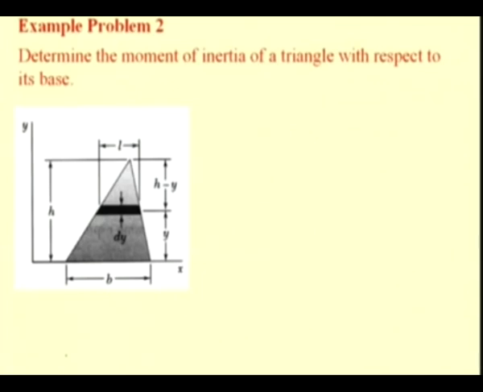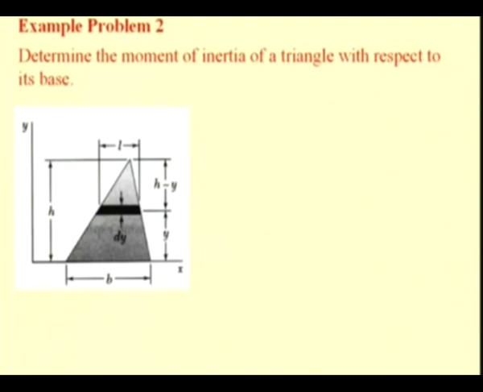So, let us take this example problem. Here you see a triangle for which we are interested to find the second moment of this area with respect to its base, that is in this case with respect to the x axis, because the base is located on the x axis. So, in order to do that, we define a thin horizontal strip of width dy, which is located at a distance of y from the x axis.